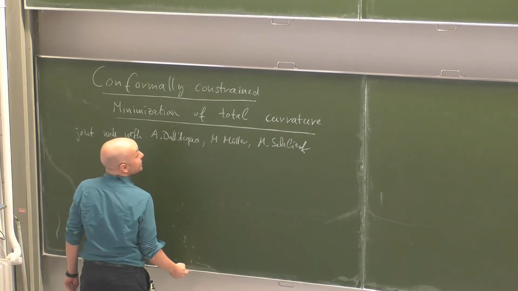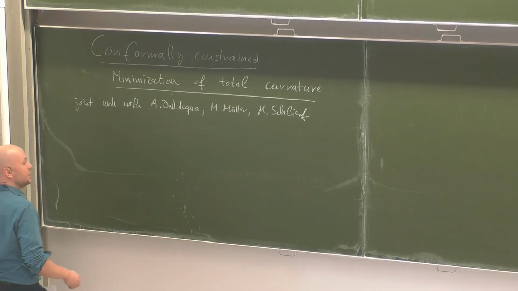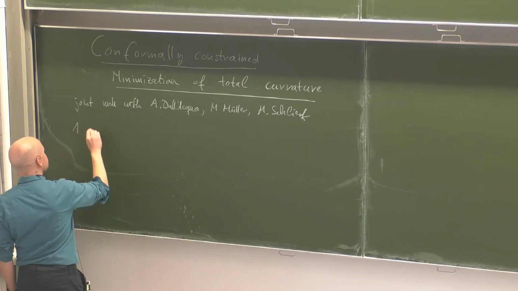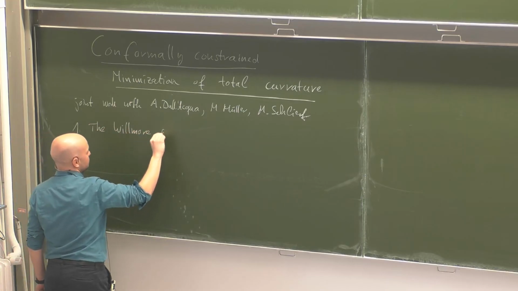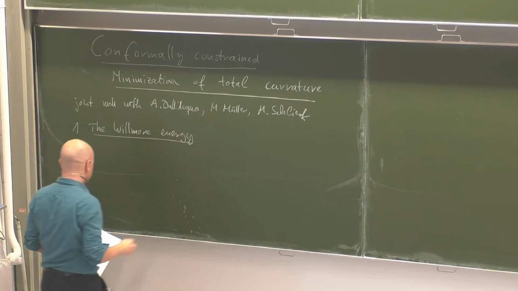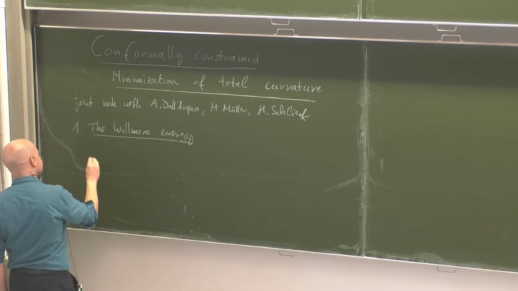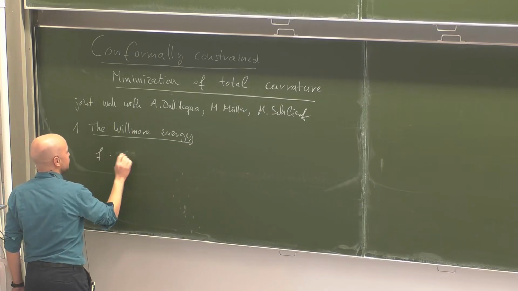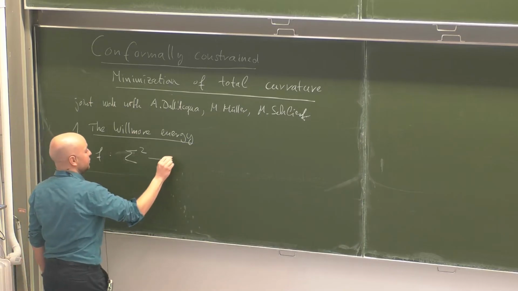So let me explain what I mean by this problem. So total curvature I will be talking about today is the so-called Willmore energy. And what we look at is maps F from a two-dimensional smooth surface into Euclidean space.